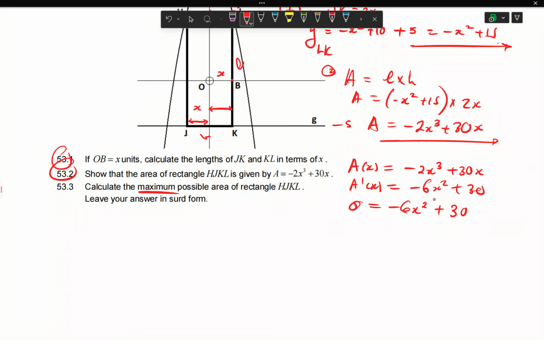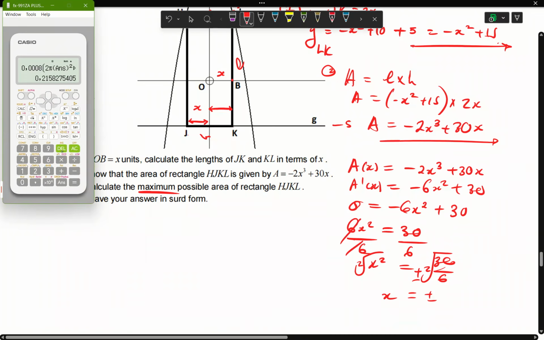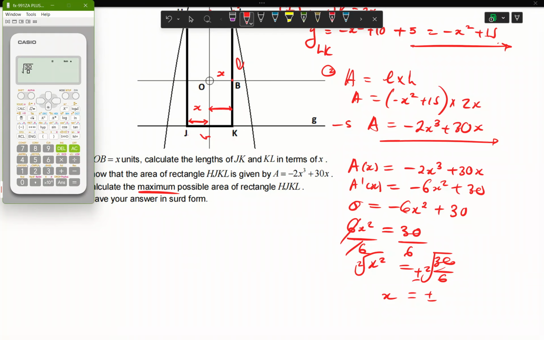That's what I want you to speak. This is the language, guys. So 6x² equals 30, and then x² equals 30 over 6. Take the square root: x equals plus or minus the square root of 30 over 6, which is the square root of 5.